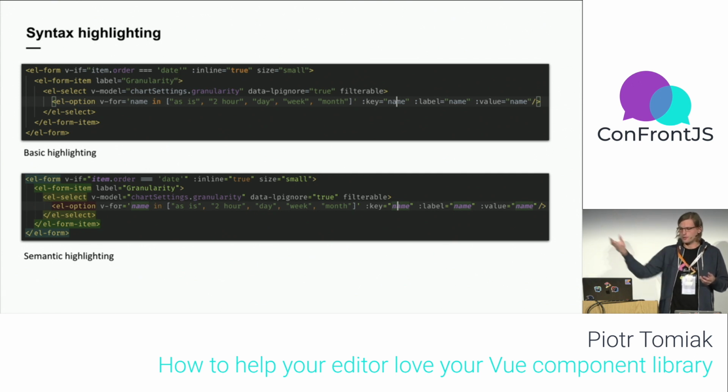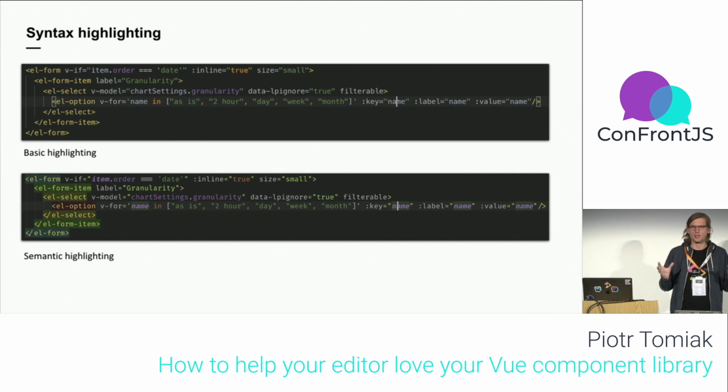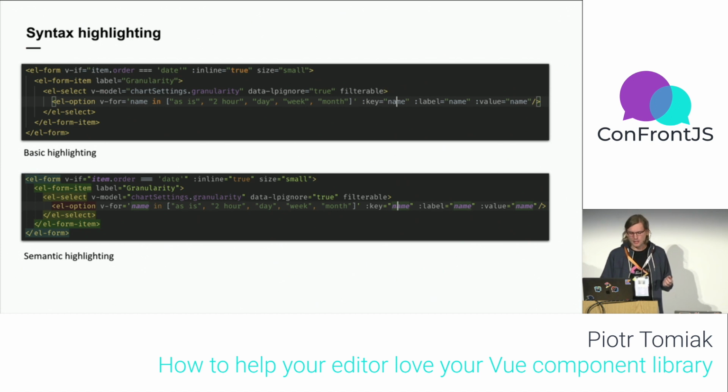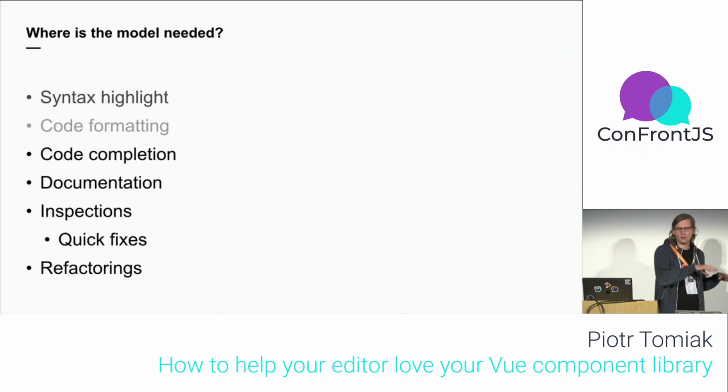So this requires a much better understanding of the project, and here is where building the model of the project comes in. And it's a pretty difficult task to do that. Doing this just for syntax highlighting would be kind of pointless. So the model is actually needed in code completion, documentation, inspections, and refactorings.